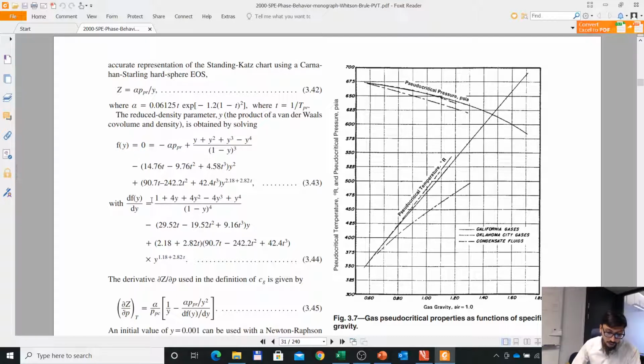In the spreadsheet that we will be using for this calculation, this equation is already programmed, and it's a very accurate representation of the entire Standing-Katz Z factor chart, and this helps us to automatically calculate the accurate Standing-Katz Z factor value based on the given TPR and PPR.